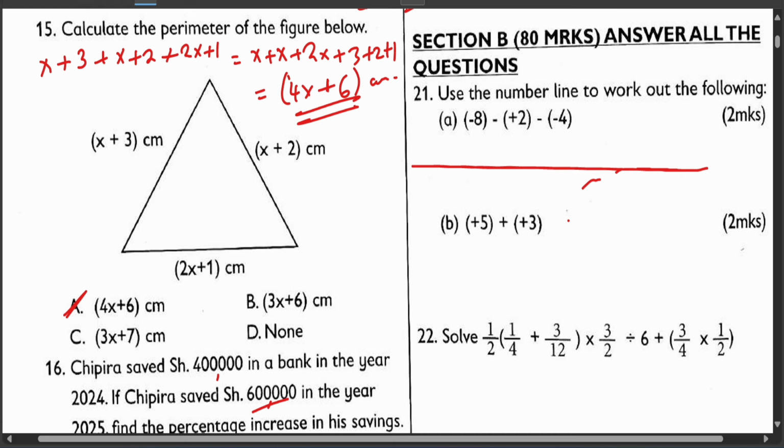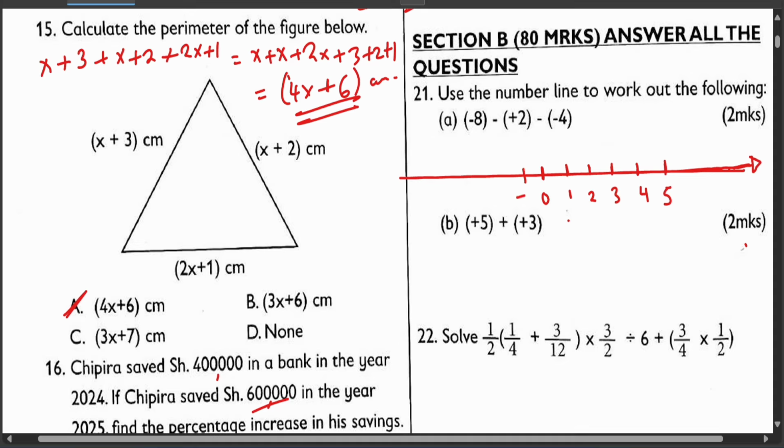I should be drawing a longer number line. So let's start. Let's say here is 0, here is 1, 2, 3, 4, 5.